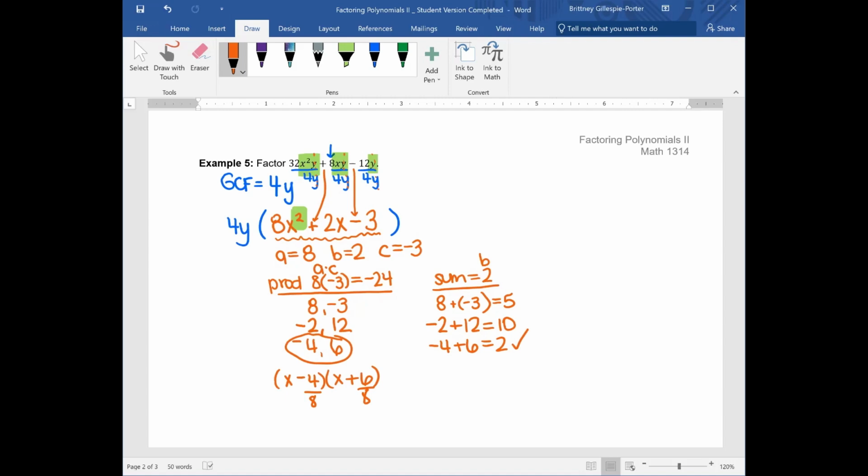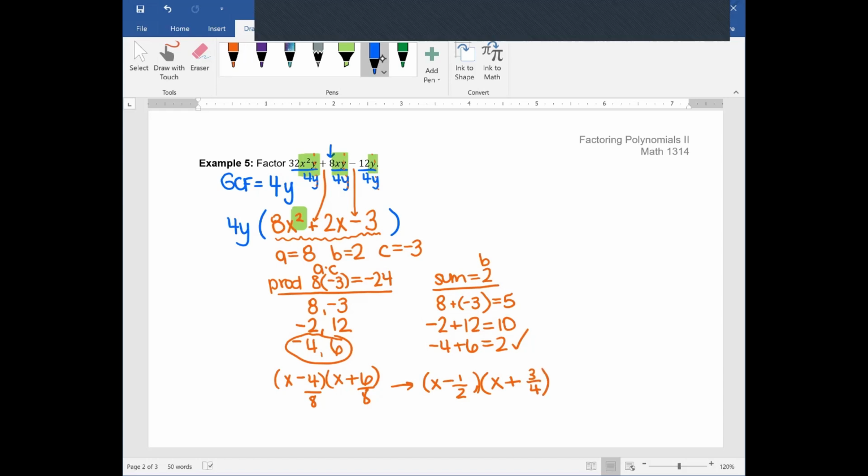When we reduce those fractions, we get 4 over 8 becomes 1/2. And then we have x plus 6 over 8 becomes 3/4. And then we need to remember bottoms up.